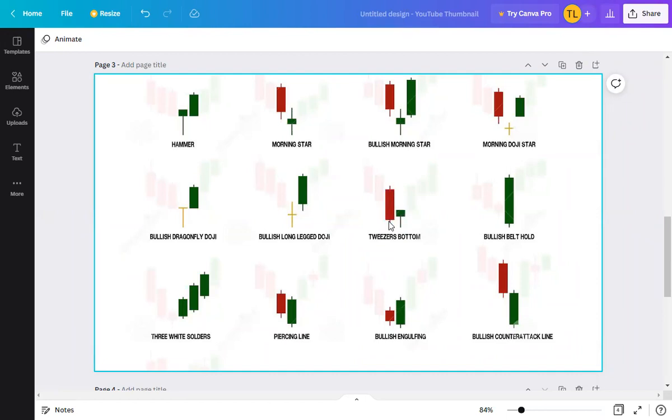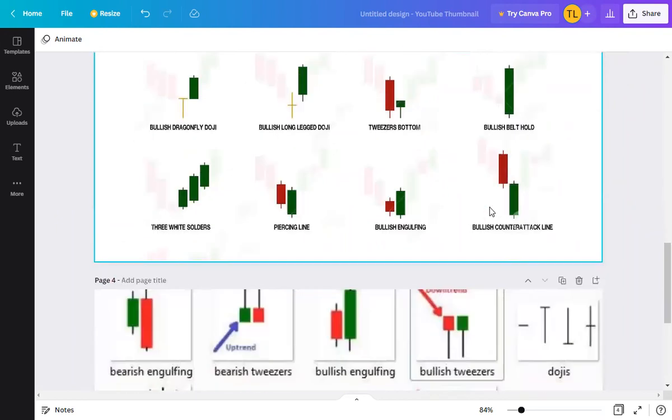The hammer formed beneath it is a tweezer bottom. It is also a proof of an uptrend in markets, meaning that the bears have exhausted all their strength here. They came here, they tried to push even deeper, and the bulls rejected it and even went a bit higher before that candlestick closed.